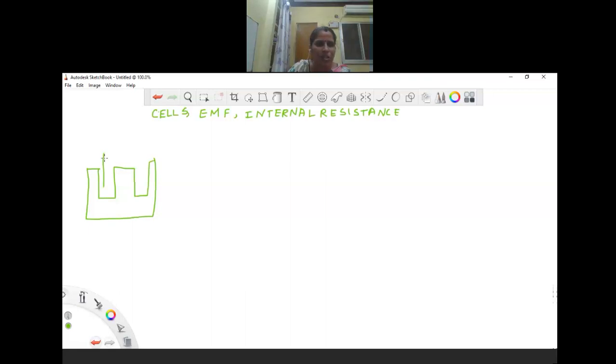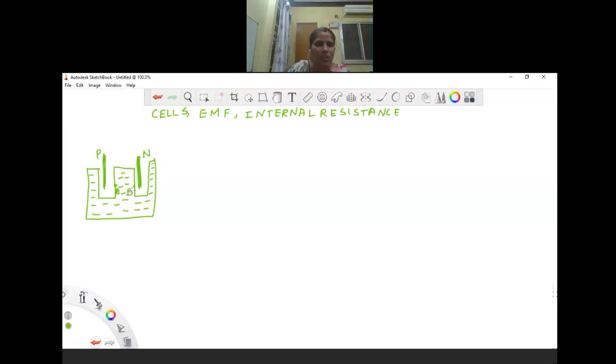So this is the positive electrode and this is the negative electrode. The positive electrode is named as P and the negative electrode as N, and these two electrodes are immersed in the electrolyte. In the electrolyte, the positive and negative ions are charge carriers, and we are going to consider two points A and B.